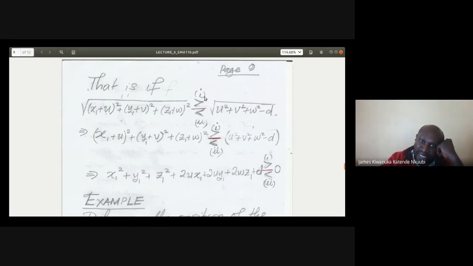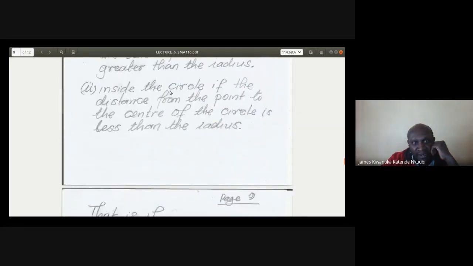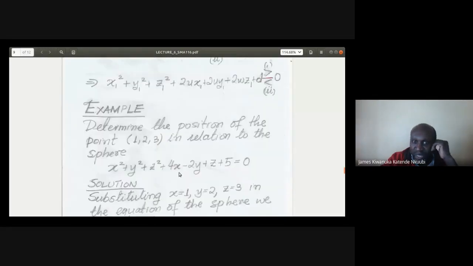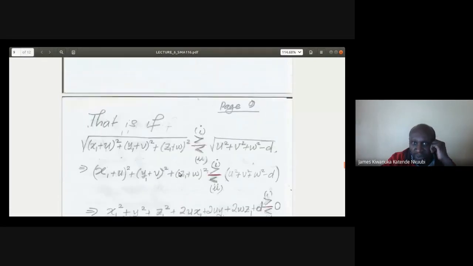So the top one takes care of the first situation, and the second one takes care of the second situation. That's why I've labeled them 1 and 2. If this distance is greater than the radius, then the point is outside the sphere. If it is less than the radius, then the point is inside the sphere.